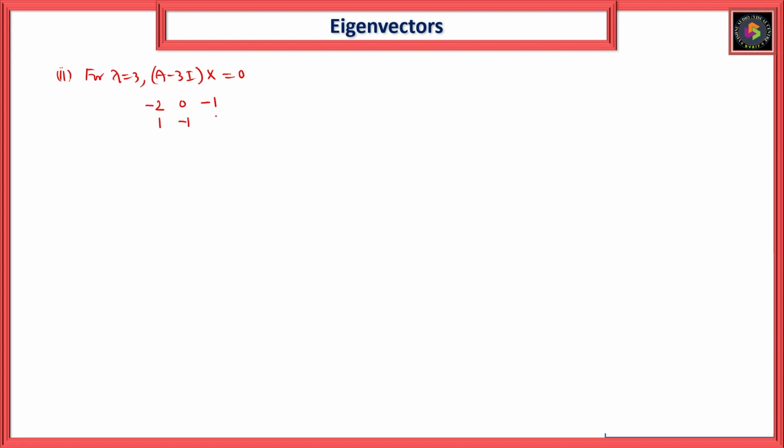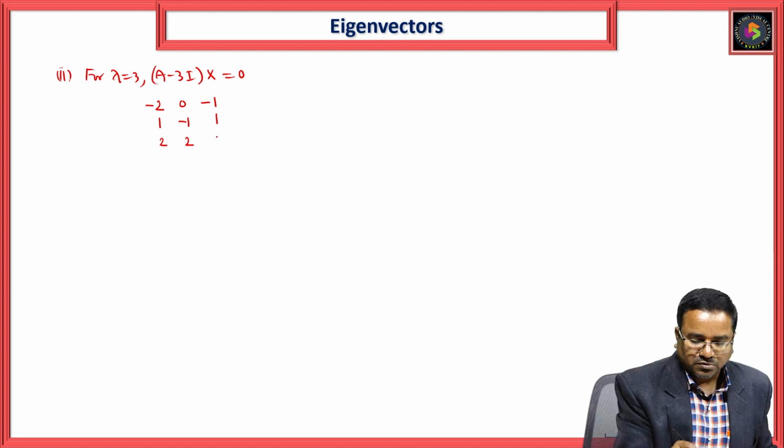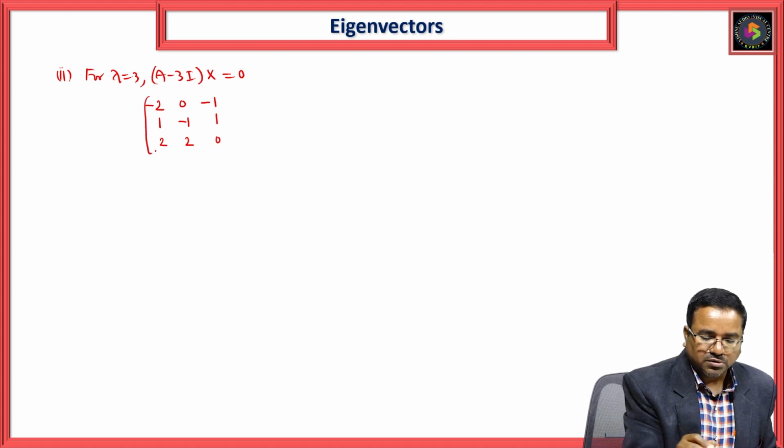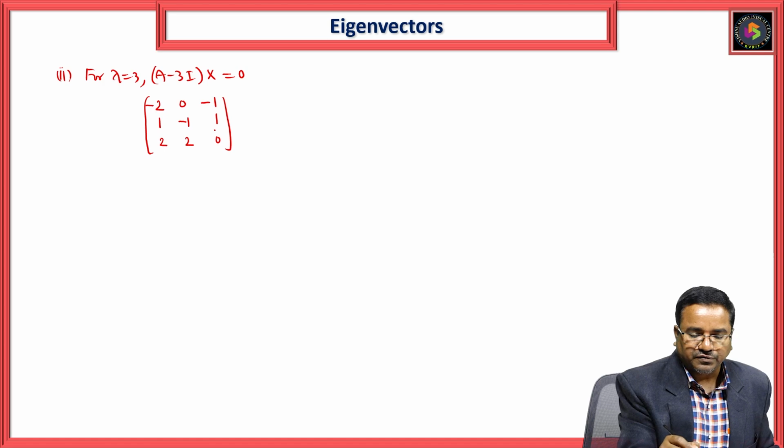Now A33 is 3, and 3 minus 3 is equal to 0. So after simplifying, A minus 3I times x1, x2, x3 equals 0, 0, 0.